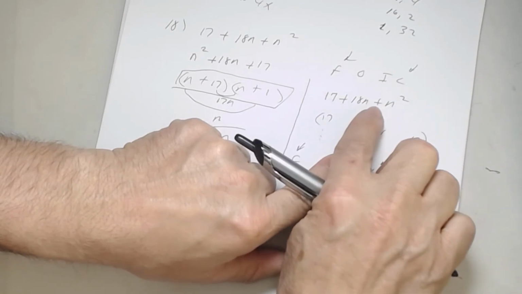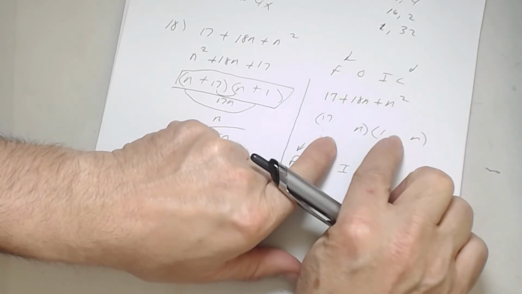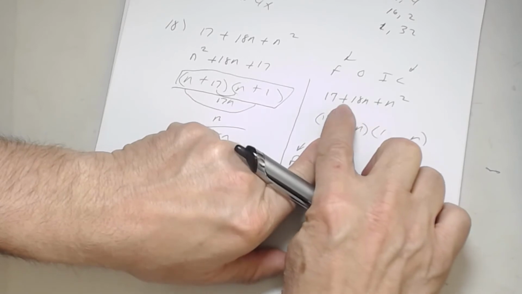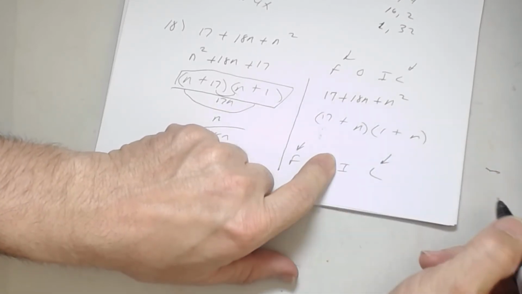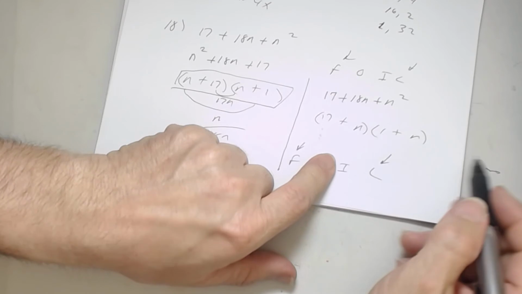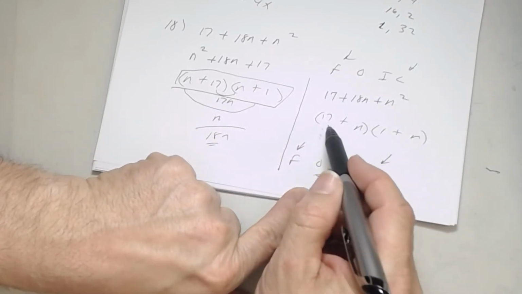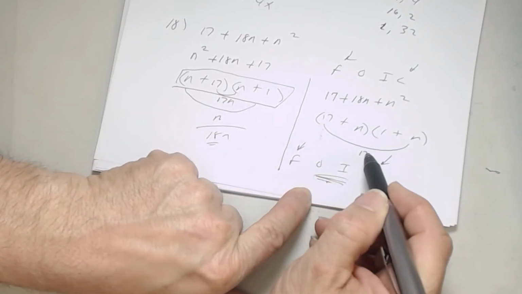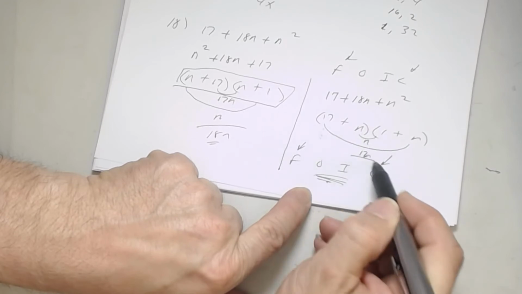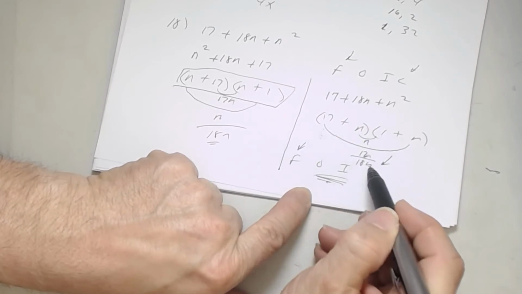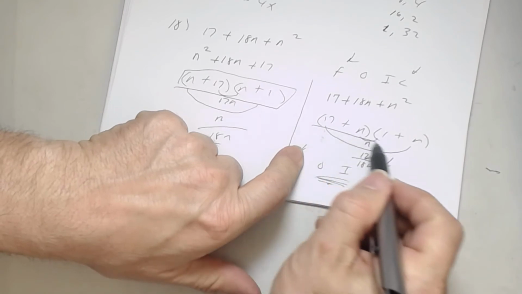The last sign is positive, which means the signs in here have to be the same, and they're both positive. Check the outer and the inner, because that's the only thing I haven't checked so far. What's the outer? What's the inner? When I add them up, do I get 18n? So that's your answer as well.